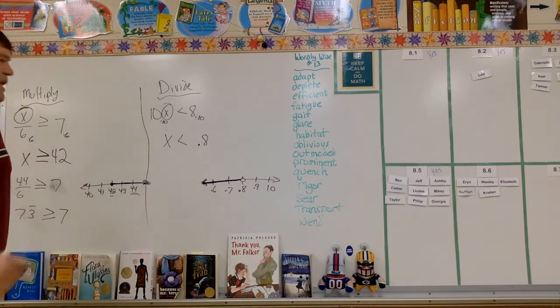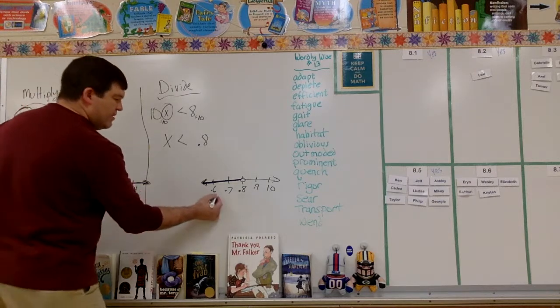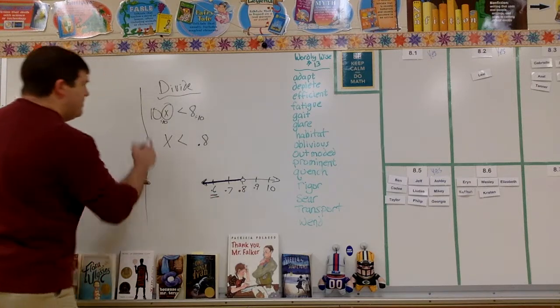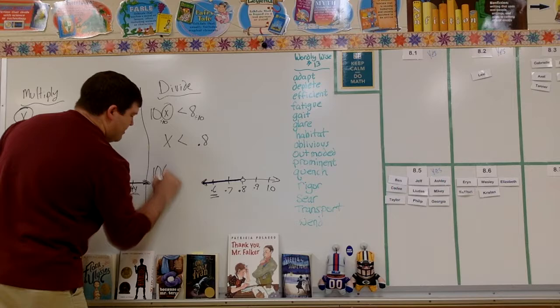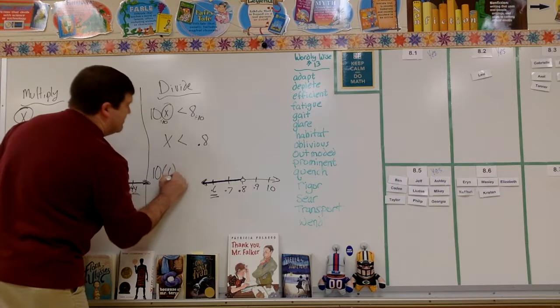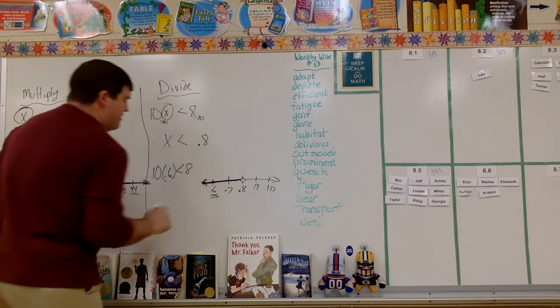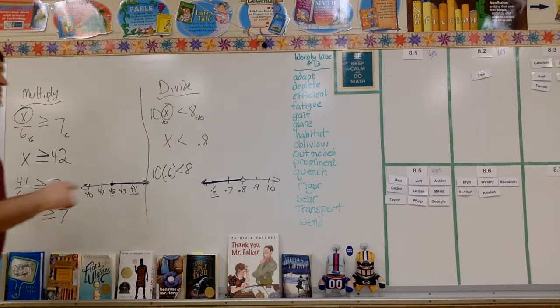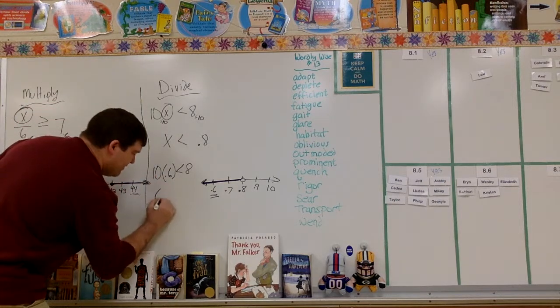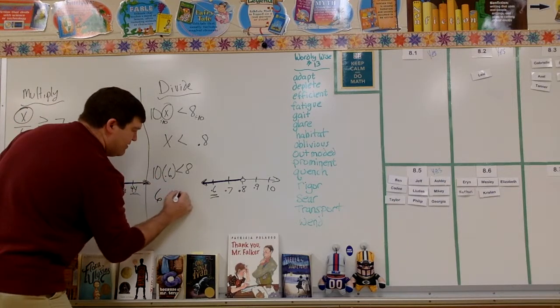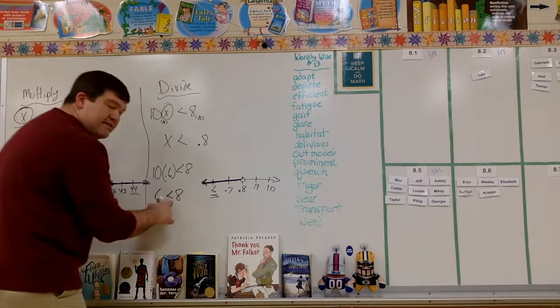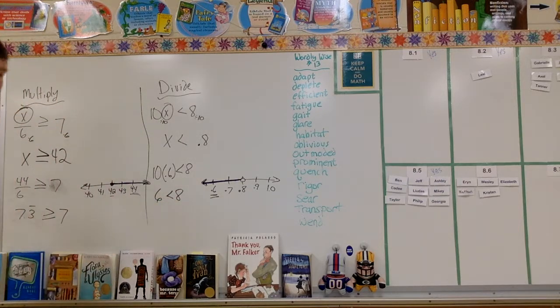Okay. Let's try, I'm just going to try 0.6 here. 10 times 0.6 needs to be less than 8. Okay. 10 times 0.6 equals 6. Is 6 less than 8? Yep.